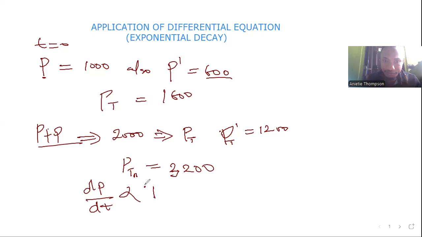If I take out the proportionality constant k, I will have dP over dt equals k times P, the total population size. That is making a whole lot of sense.